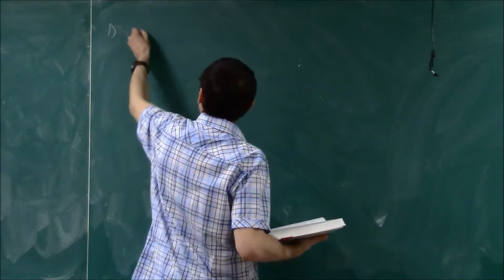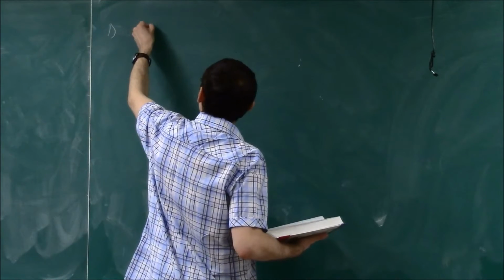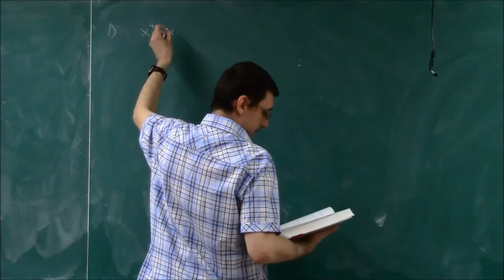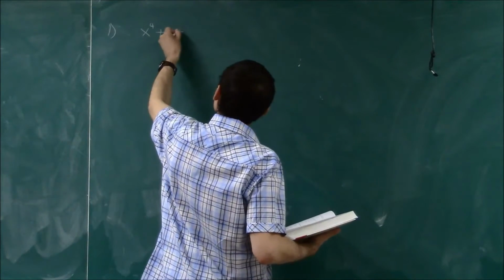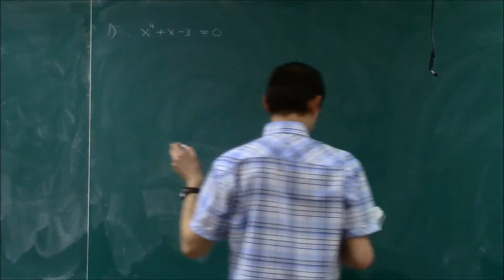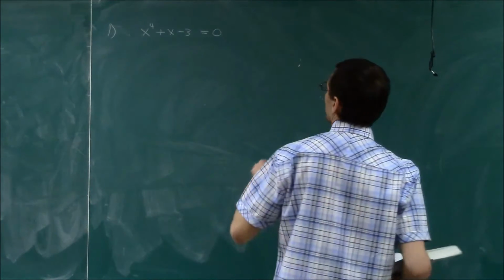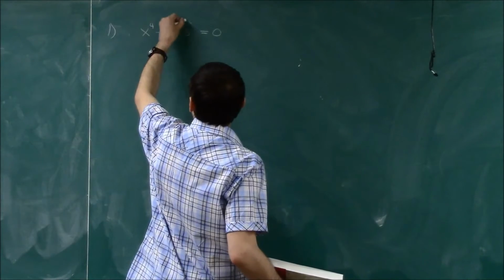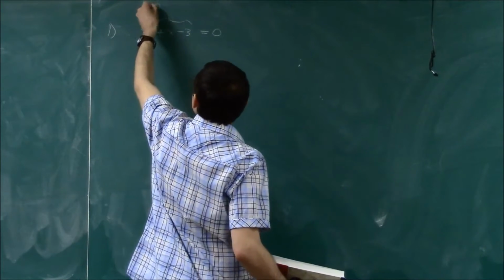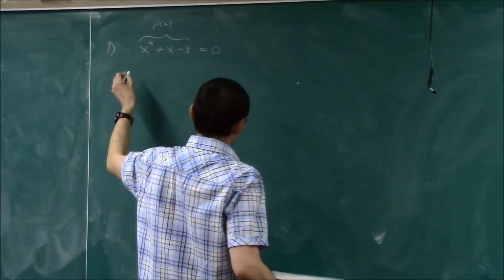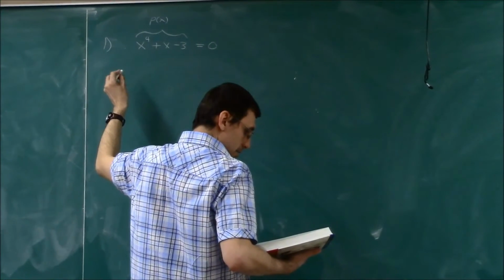Suppose that we look at the equation x to the power of 4 plus x minus 3, and we want to solve when this is equal to 0. Suppose that we test this function. Let's call this function p of x. Suppose we plug in the number 1.